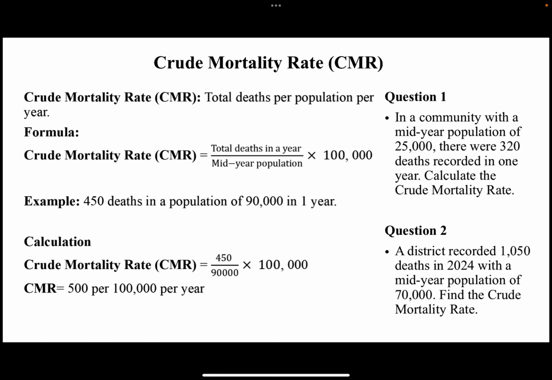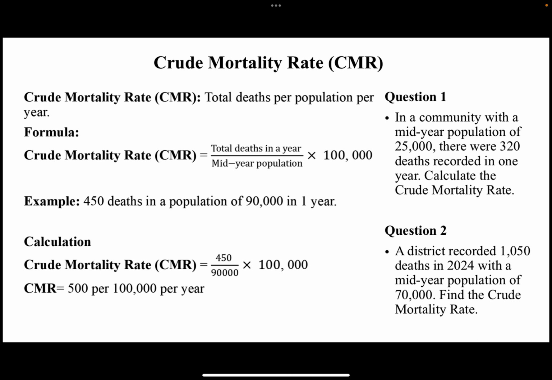Now, let's start calculating mortality rates. With mortality rates, we will begin with crude mortality rate. Crude mortality rate is the total deaths per population per year.